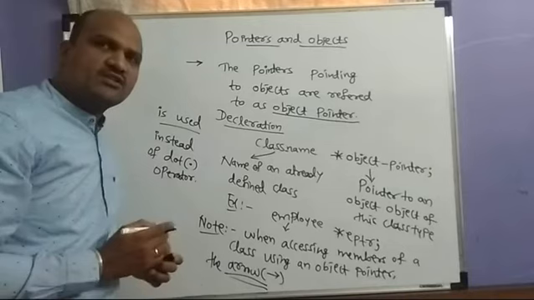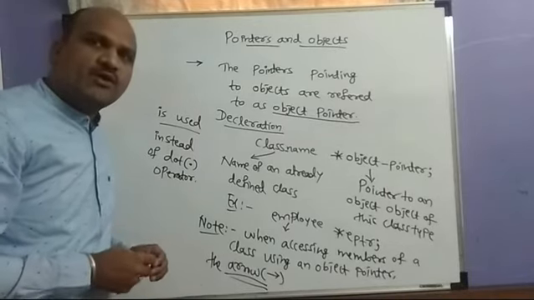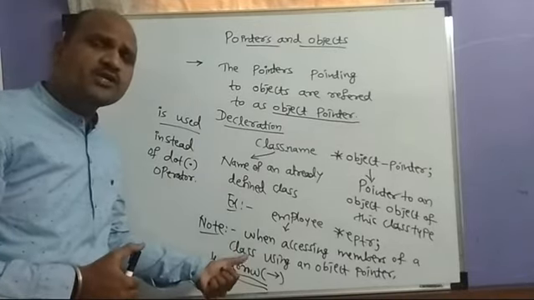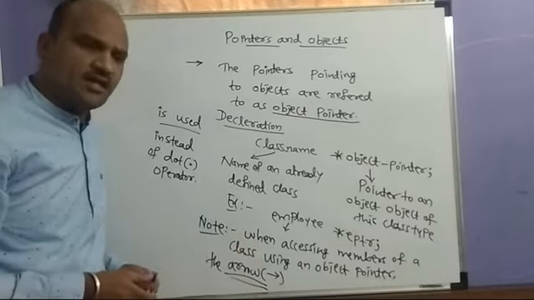Generally you use the dot operator, but when you are using the object pointer, you have to use the arrow operator.